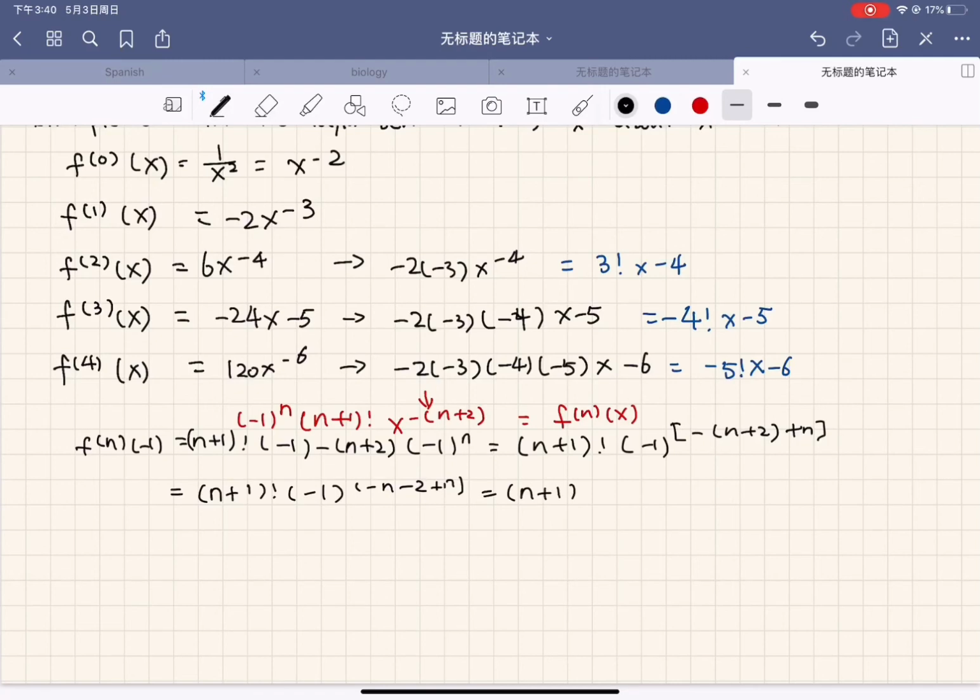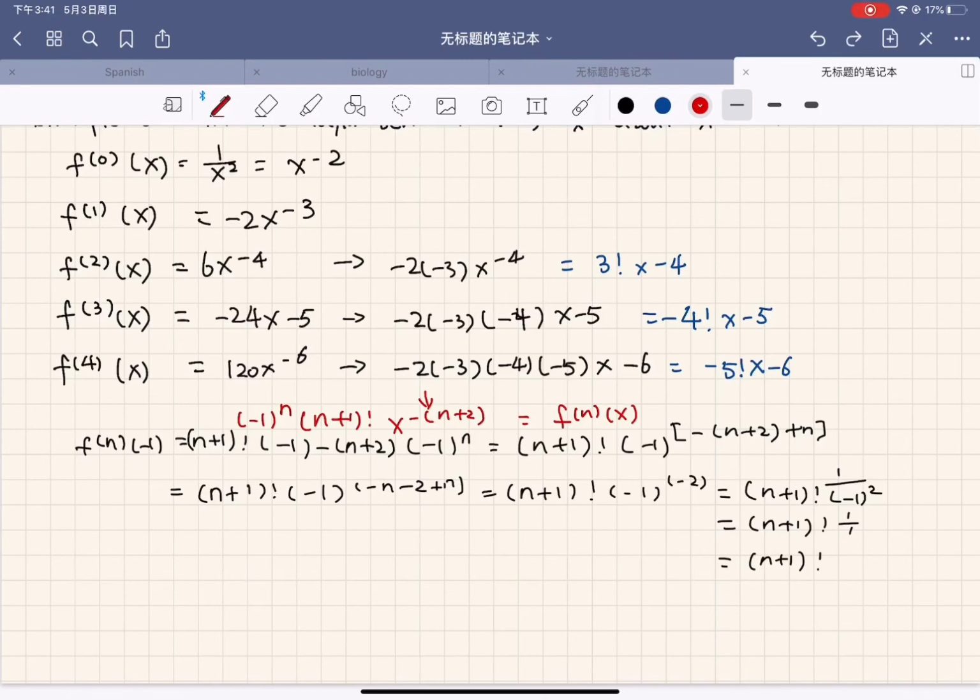And this can then be written as (n plus 1) factorial times -1 to the power of -2, which equals (n plus 1) factorial in a fraction form, 1 over (-1) squared. And then the next step is (n plus 1) factorial times 1 over 1, which is 1. So the final answer is (n plus 1) factorial.